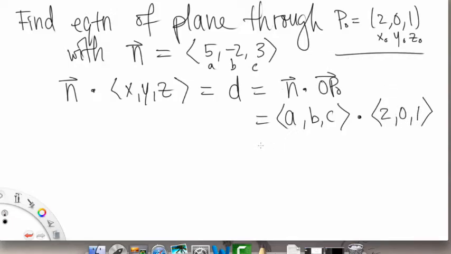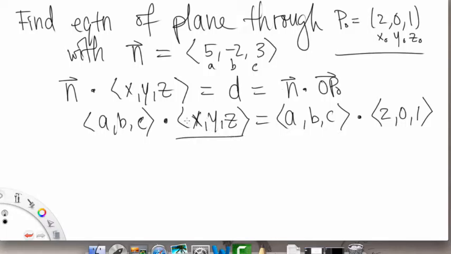Now we can basically just solve for the right side. On the left side, n is (A, B, C), our direction vector for the normal vector, dotted with (x, y, z), and in our equation we're just going to leave these as variables. So that's just going to be x, y, z in the end.